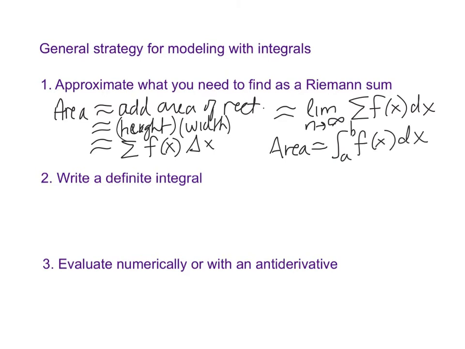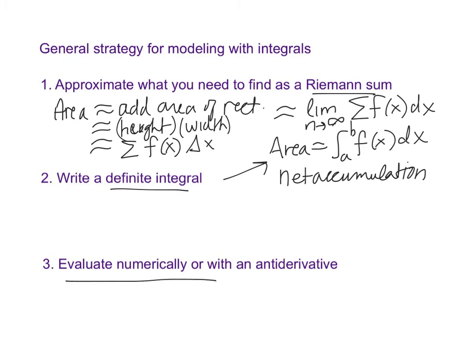And all of this means the same, right? So this would be net accumulation. Right, so the first is to approximate as a Riemann sum. The second is to write the definite integral. And then the third strategy would be to evaluate that numerically or with an antiderivative.